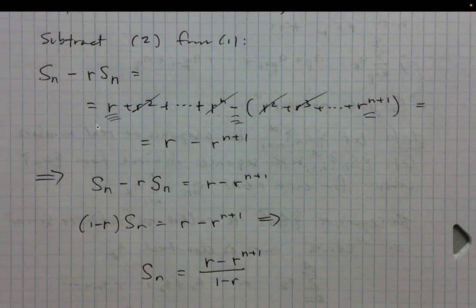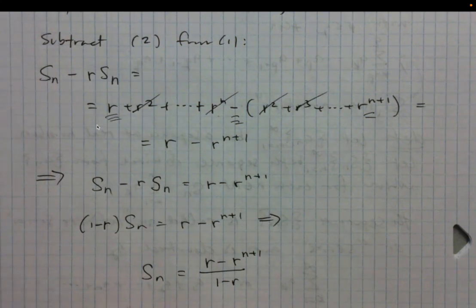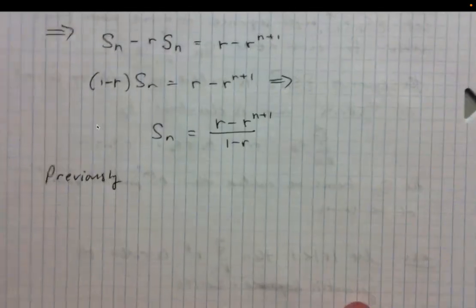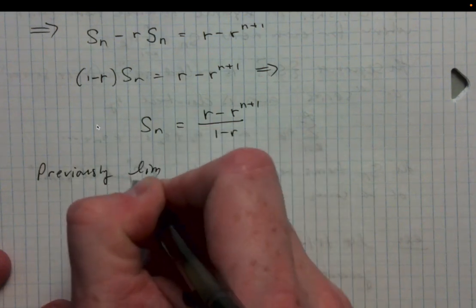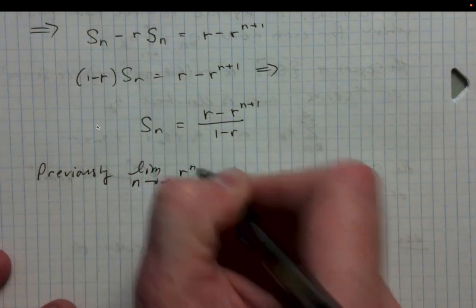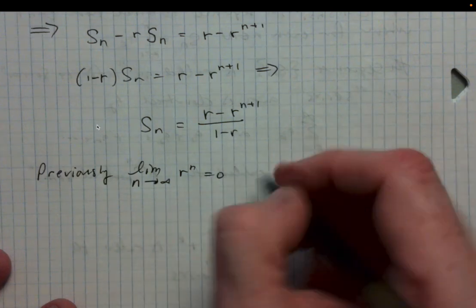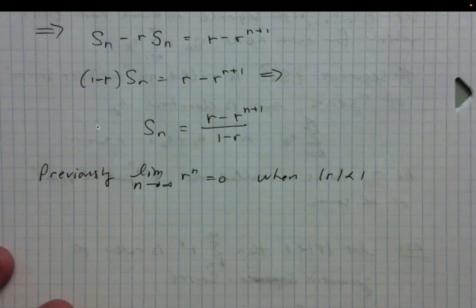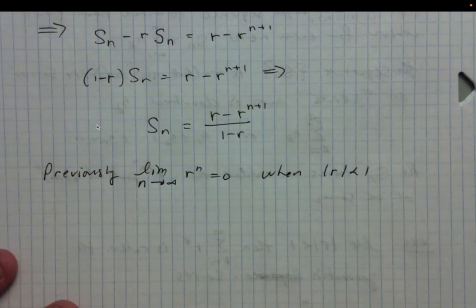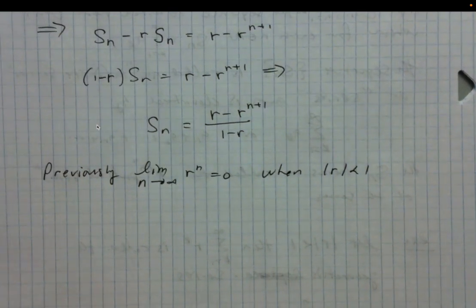Now, previously, when we were talking about sequences, we came across a theorem, just go back 2 lectures, I think, and you would see this. Previously, we saw that the limit as n goes to infinity of r to the n is equal to 0 when r in absolute value is less than 1. Like 1/2 to the nth power, the limit of that is 0.